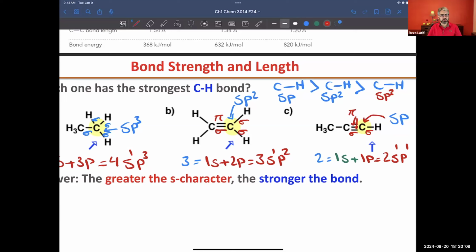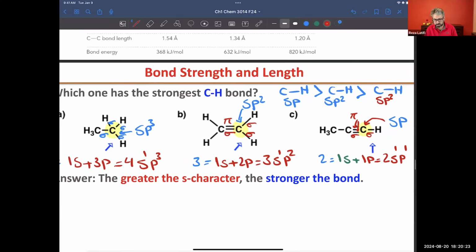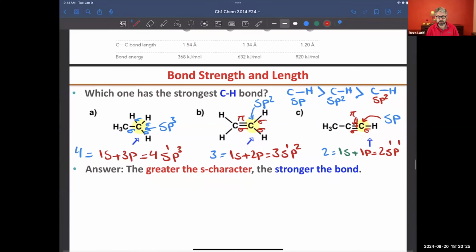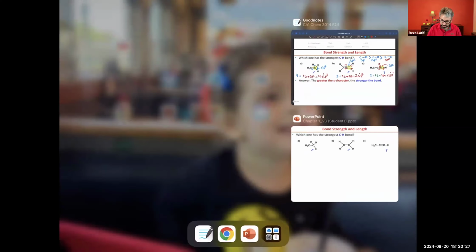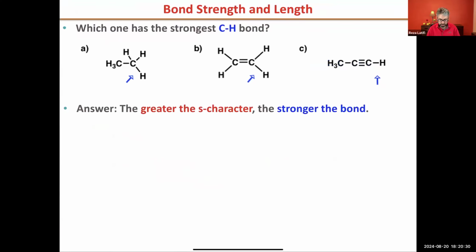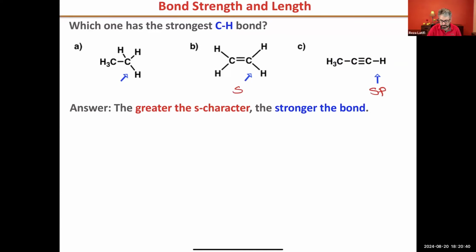Strongest bond will be part C. C is going to be the correct answer, and technically it will be the strongest bond or the shortest bond. As S character goes up, bonds get stronger and shorter: sp, sp2, and that one is sp3.